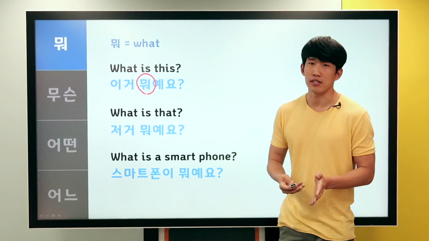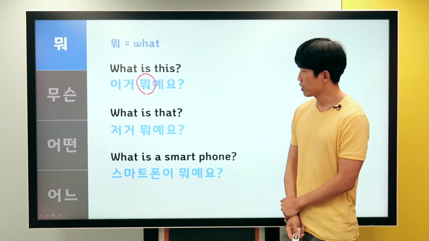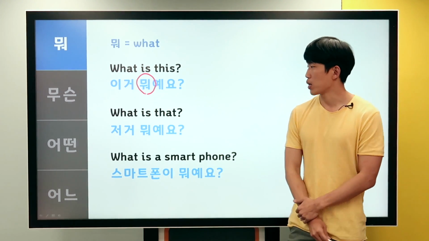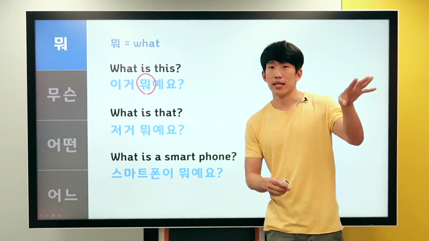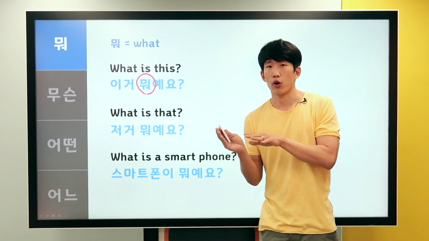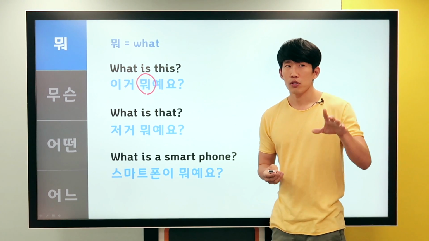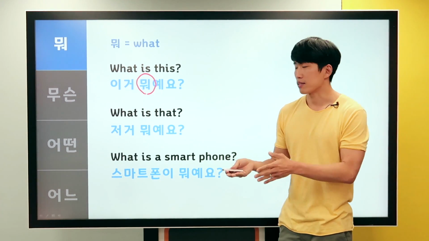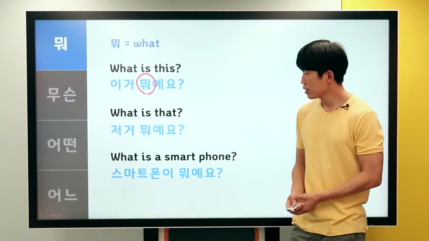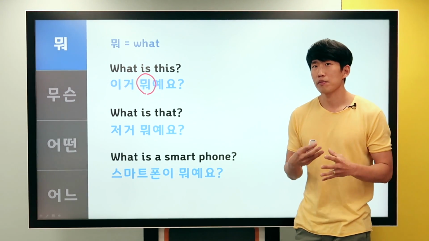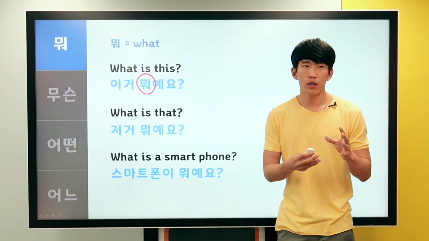What is this? Or this is what, more literally translated. And what is that? When you want to ask that, you say 저거, pointing at something that is far away from you and also far away from the listener. You can say 저거 뭐예요? That one over there, what is it? 뭐예요?